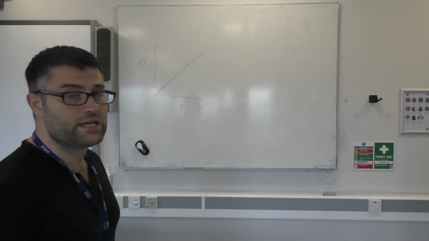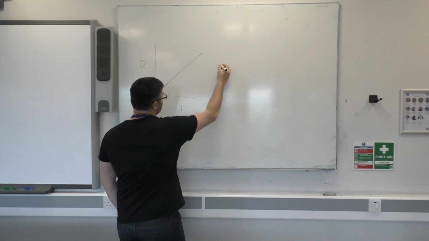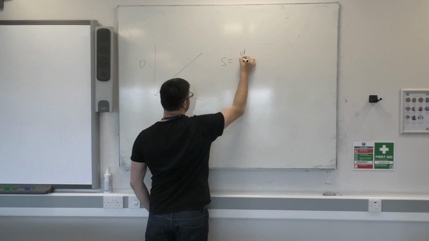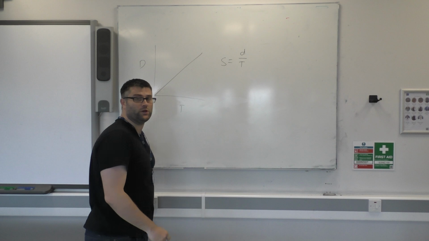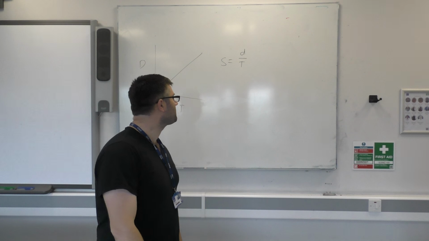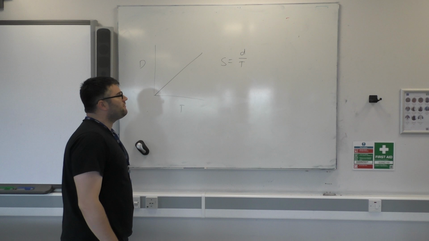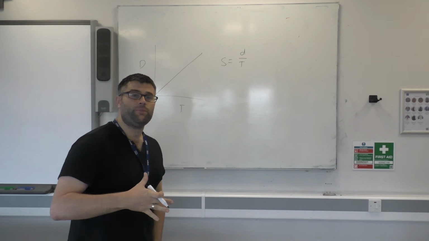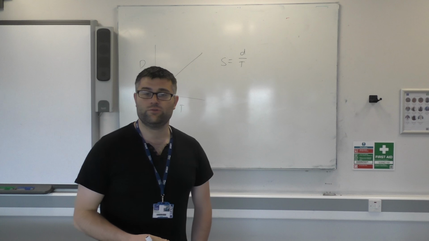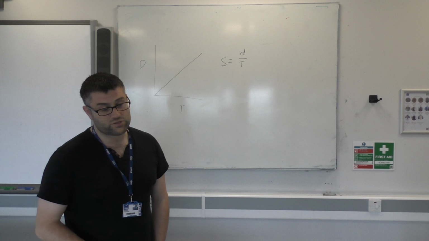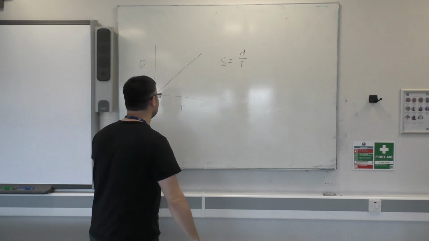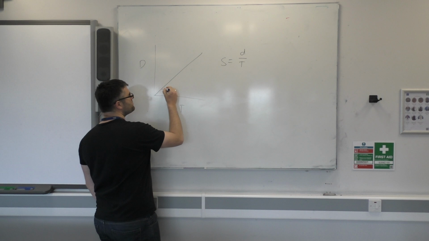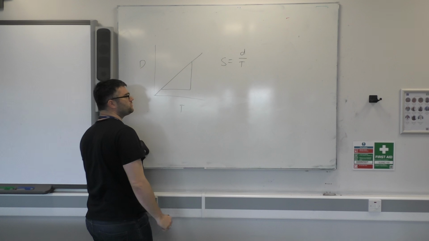Now, from GCSE, what you might remember is that speed is equal to distance over time. That's one that you will have learned from your GCSE physics lessons. And you might then realise that there are certain properties of this graph that allow you to come to an understanding of different values. So for example, the feature of this graph that is the gradient.